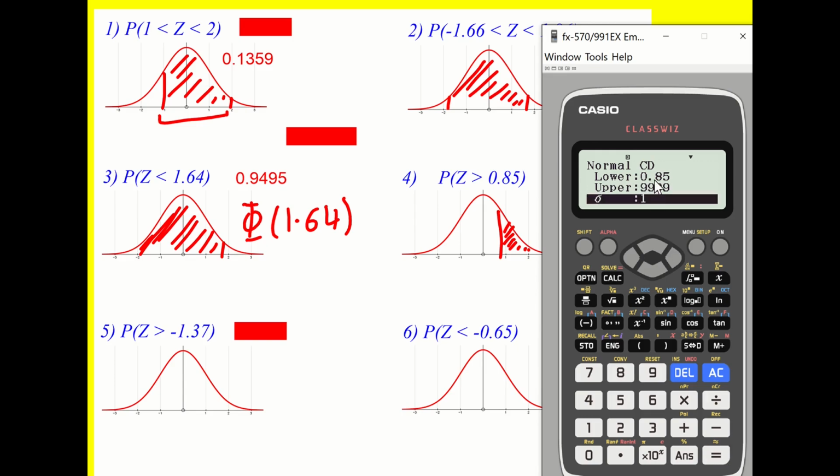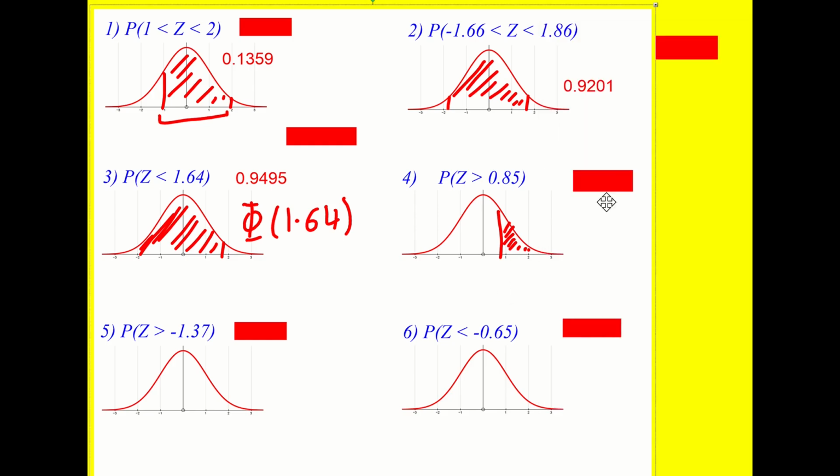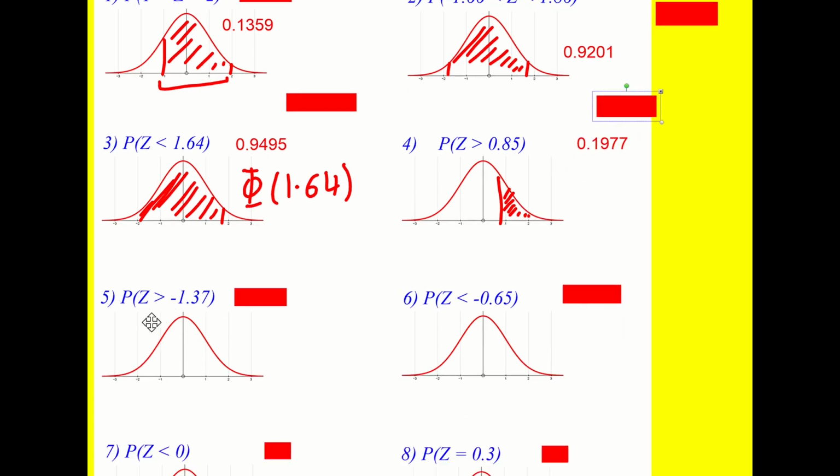It doesn't have to be 9s, by the way. It just makes more sense to do 9999 rather than 8888. You could make it 10,000 if you wanted, but then you'd have to type in an extra digit. There's nothing special about that number. It's just big. 0.1977. There we go.